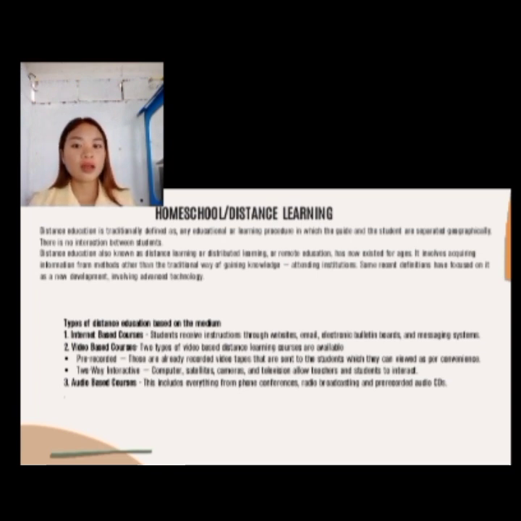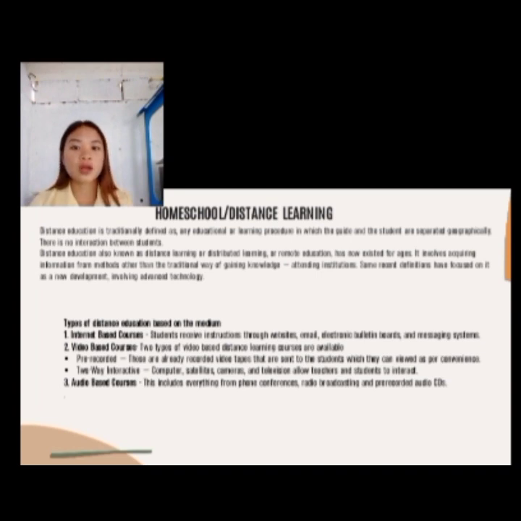Maybe the students are in their homes or anywhere, and then also the teacher. So from the word distance education, there is no direct interaction between students and teacher.